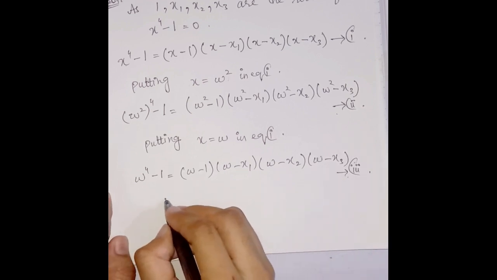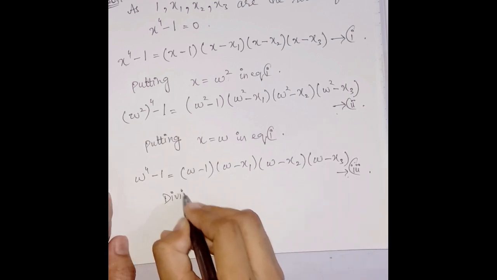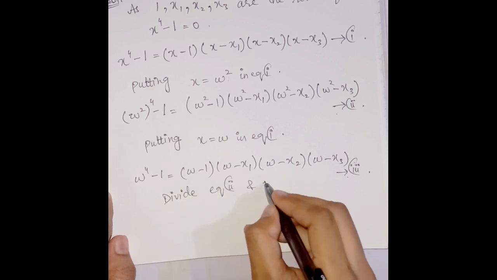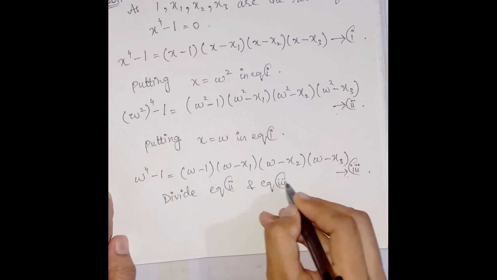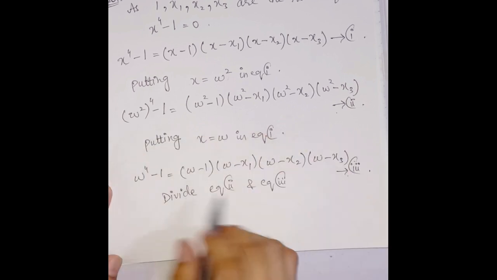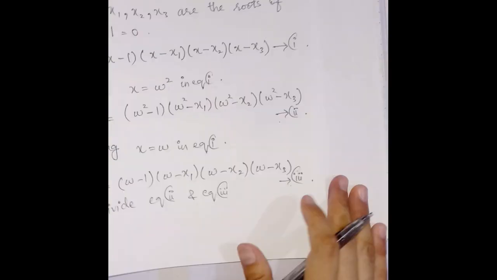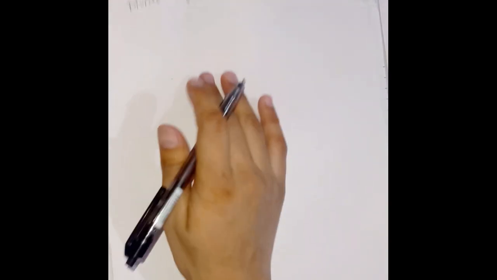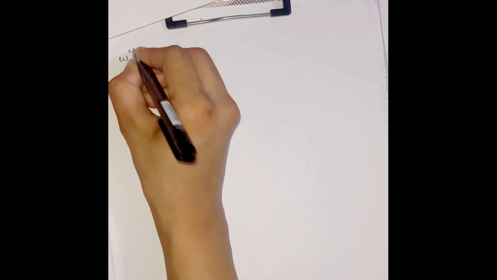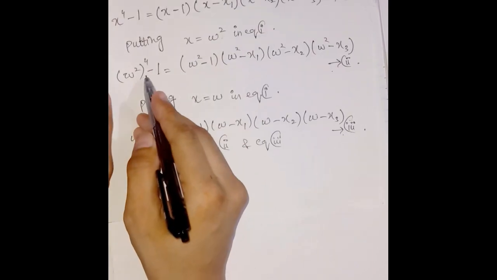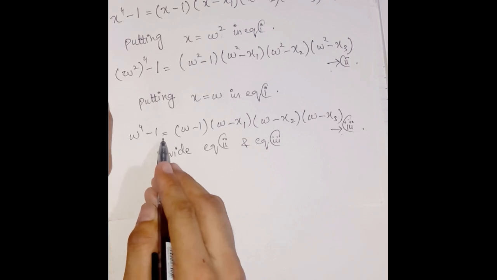I am going to divide equation 2 by equation 3, so I'm dividing both of the equations. That is (omega square) to the power 4 minus 1 on the left side, and here it is omega to the power 4 minus 1.